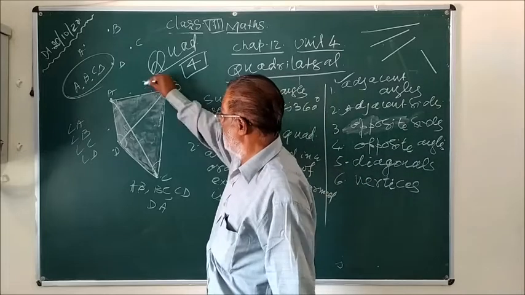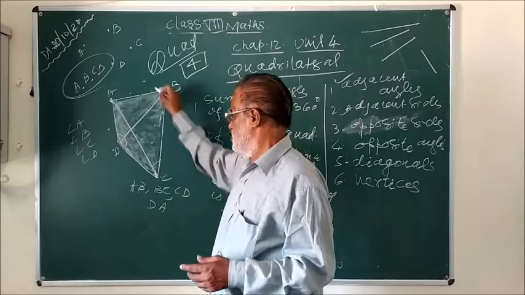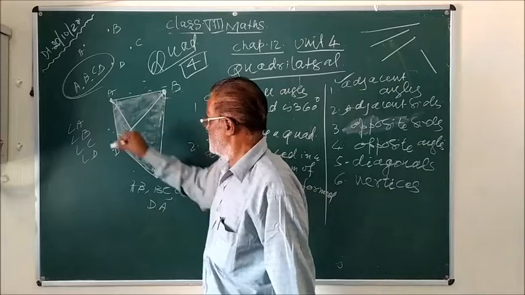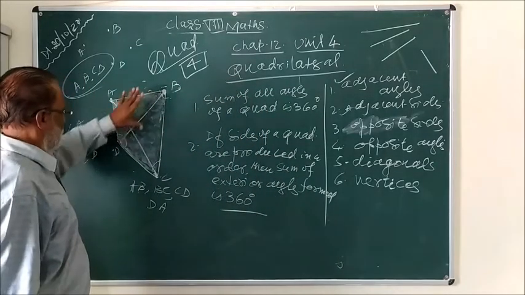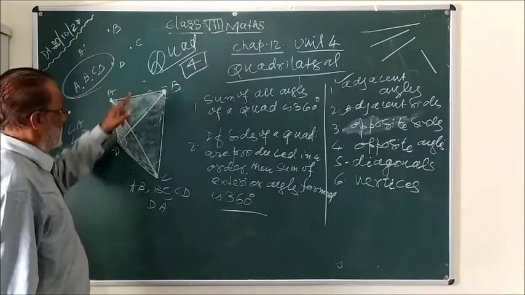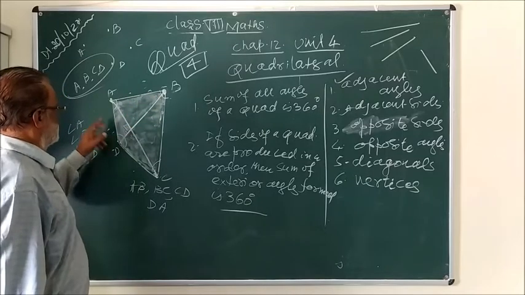And opposite sides are those sides which have no common points, so AB and CD are opposite sides, and BC and AD are opposite sides. So there are two pairs of opposite sides, and many pairs of adjacent sides: AB, BC; BC, CD; CD, DA; DA, AB.